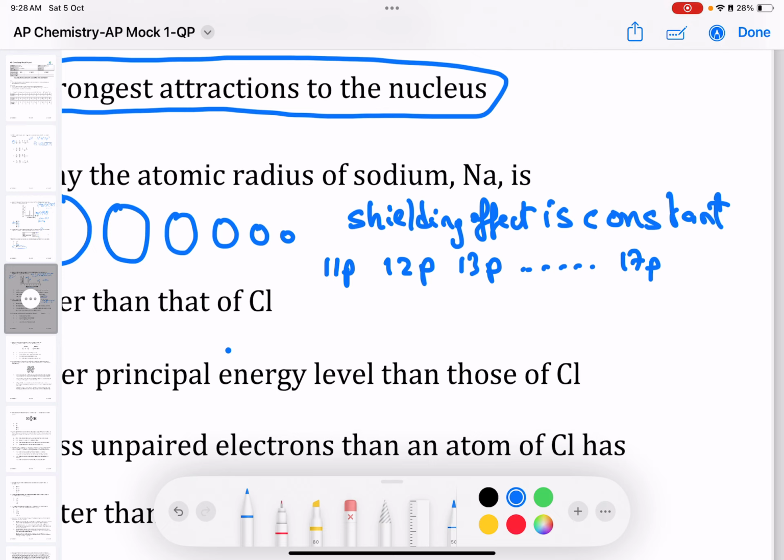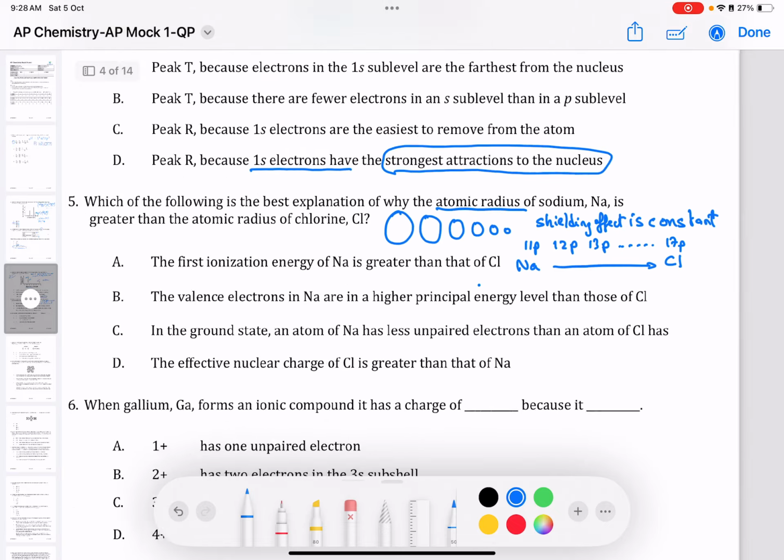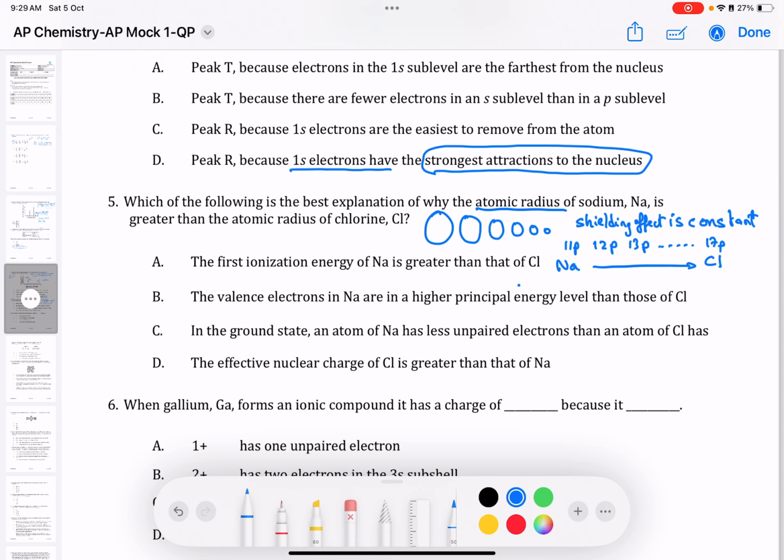So for the same shielding effect, the attractive pull coming from the nucleus is increasing as we go from sodium to chlorine. This is the reason why the atomic radius of sodium is bigger than the atomic radius of chlorine, because the attractive pull coming from the nucleus in Cl is greater. It's the effective nuclear charge of Cl.